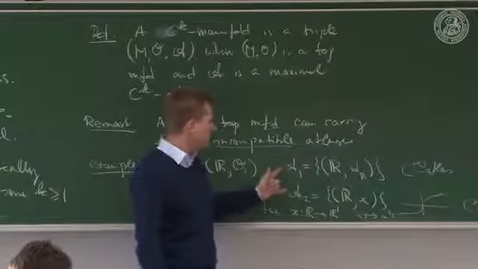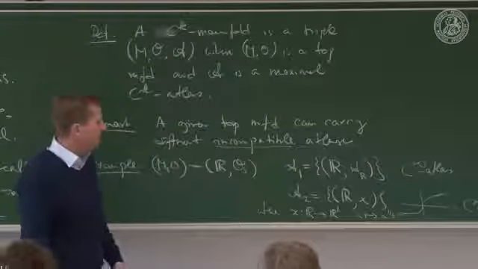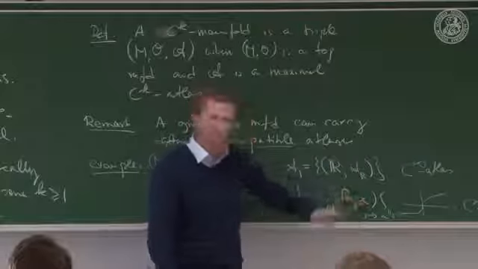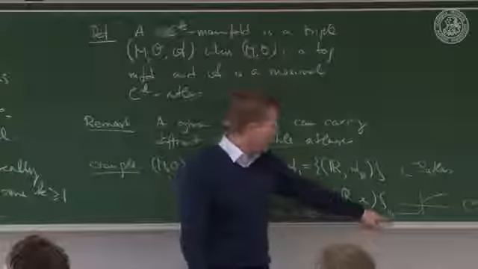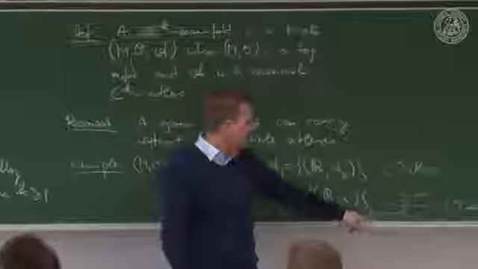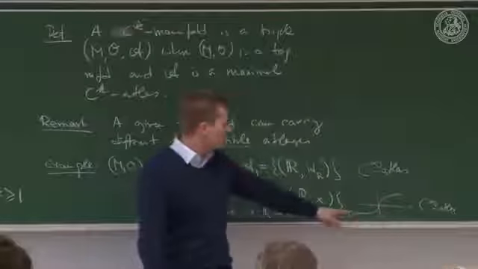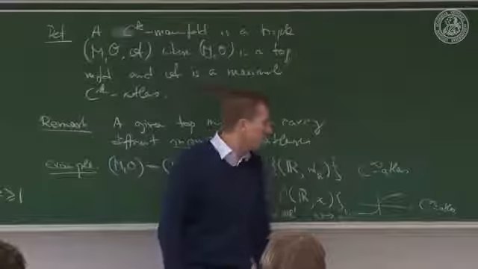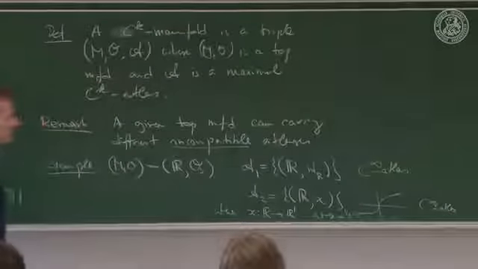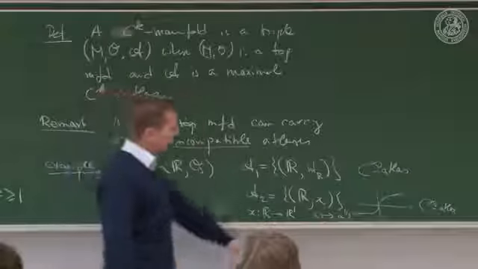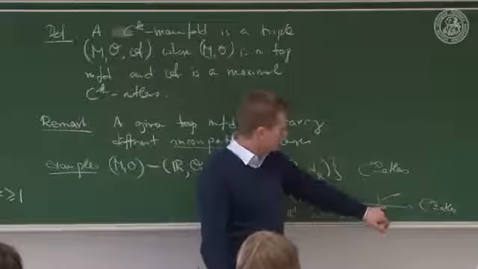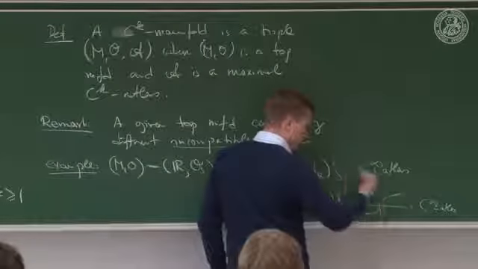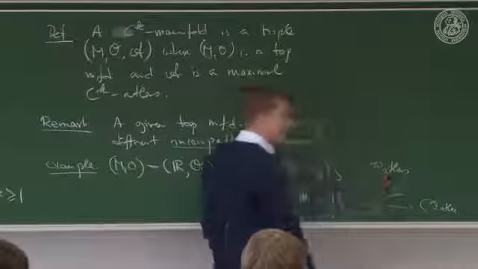But these two atlases are incompatible, because if they were compatible, I would be able to take their union and have another C infinity atlas. But that's not the case, because the transition map from here to here, a 1/3 after id inverse, say, is a to the 1/3. Well, this is still continuous, all right, it must be, but it's no longer C infinity, because the derivative of the map at this point is infinity.